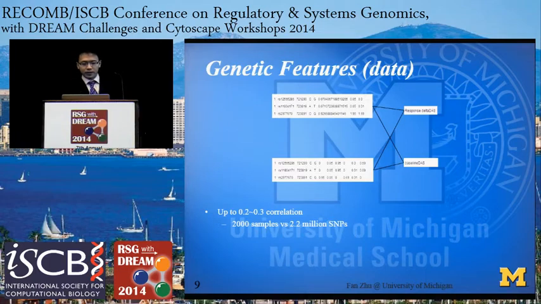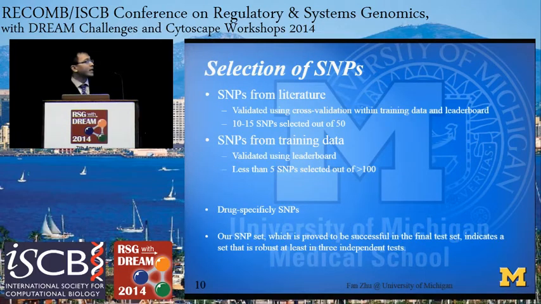So we end up selecting 10 to 15 SNPs from the literature, and only 5 SNPs from the training data.